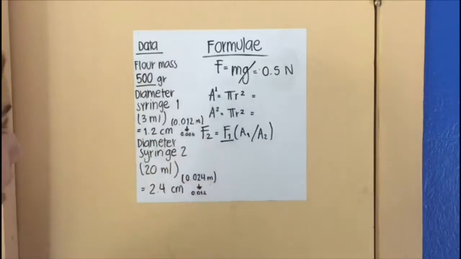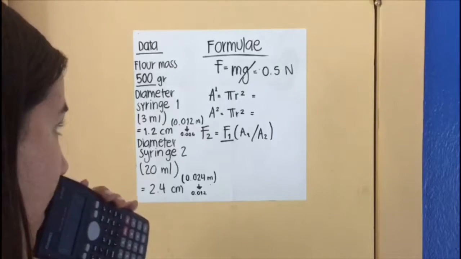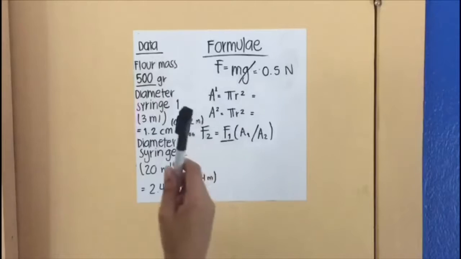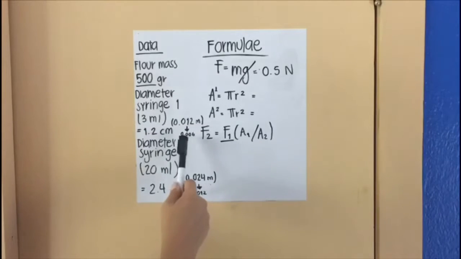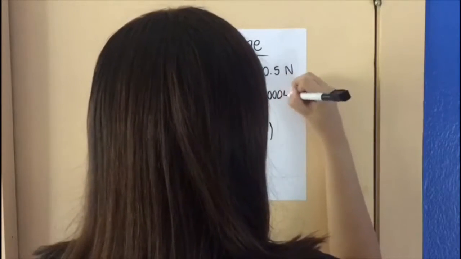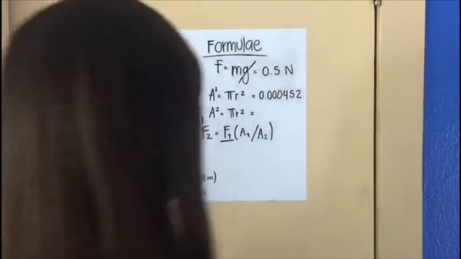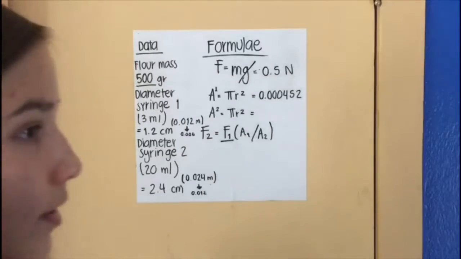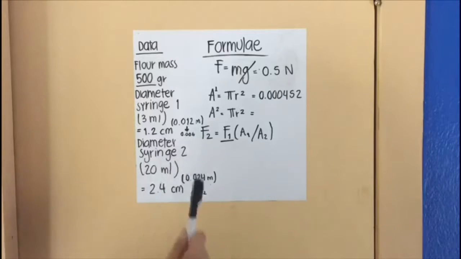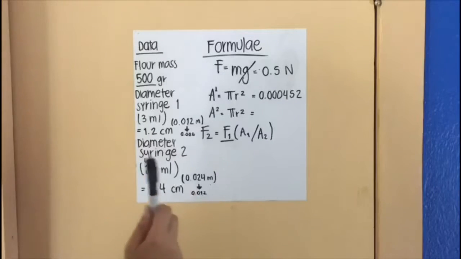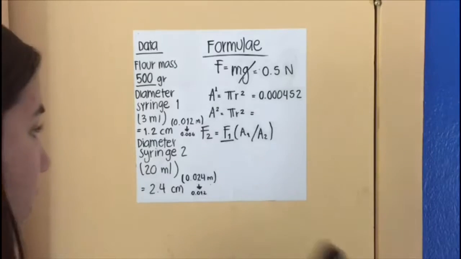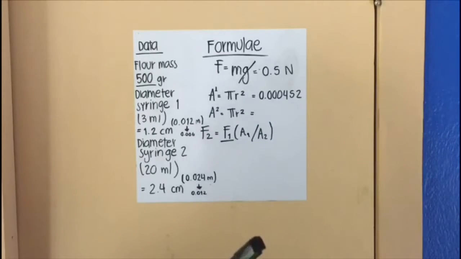Now we have to calculate the first area, that is pi times radius squared, and the radius of our first syringe is 0.006, which gives 0.00452. Now we have to do the same with the second syringe, and the diameter of the second syringe is 0.024 meters, and the radius is 0.012.